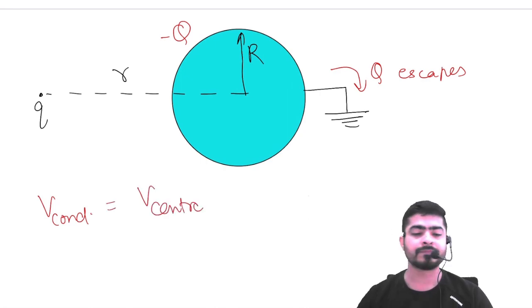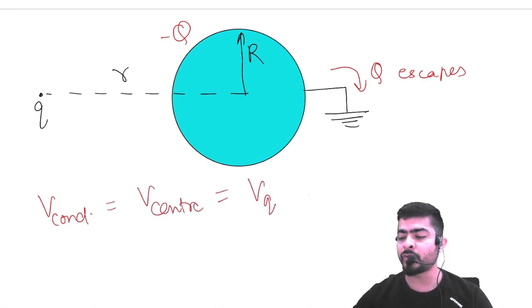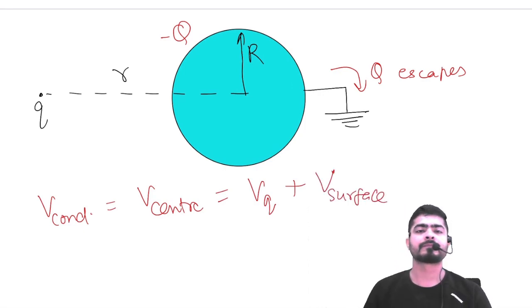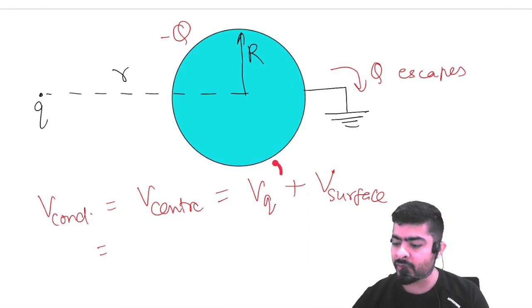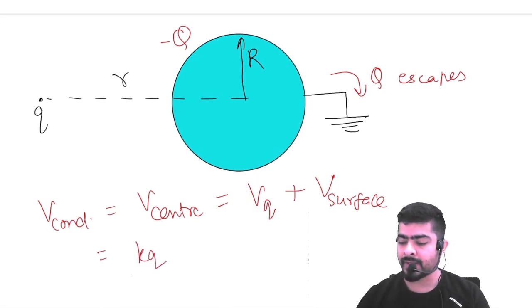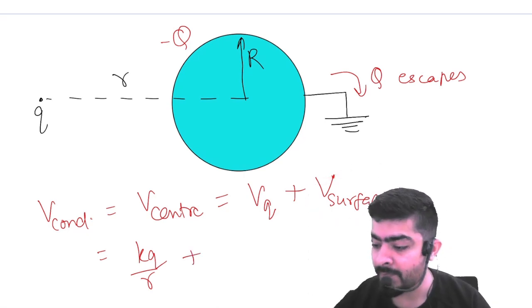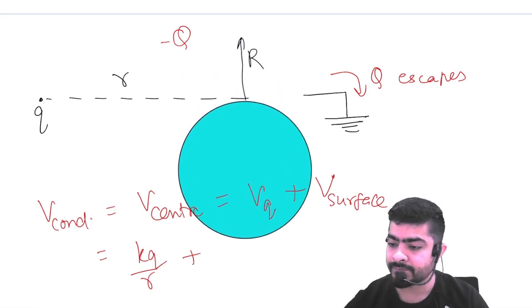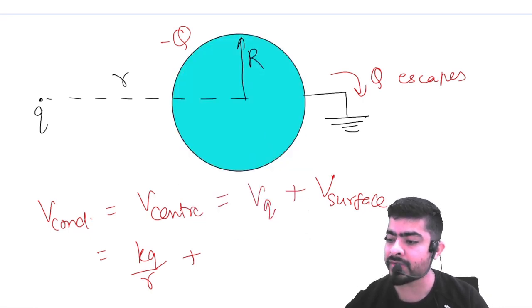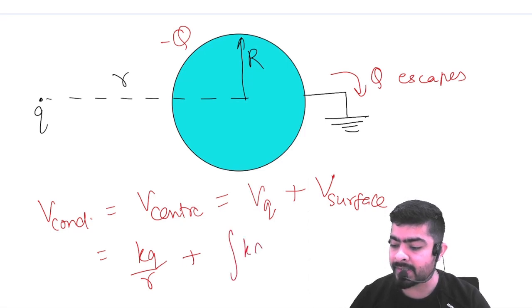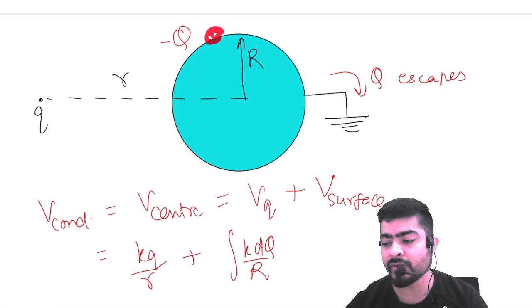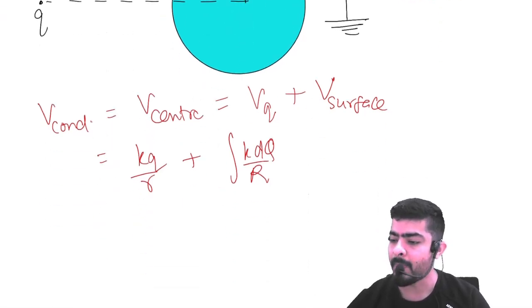So potential of conductor is equal to what? Potential of center. So potential of center is what? Potential due to q plus potential due to surface. Again, potential due to q is what? kq by r, plus potential due to surface is now what? See, potential due to surface will be integration k dq by R. I am taking a small charge dq, its distance is capital R from the center.